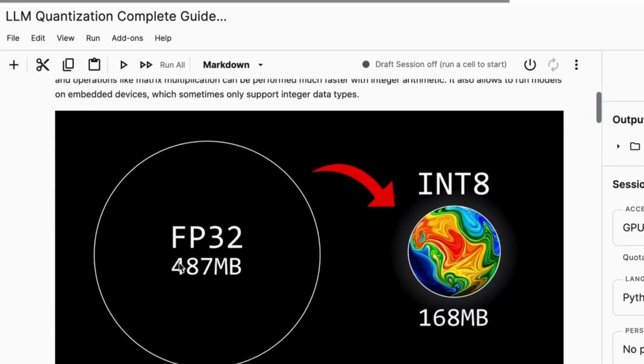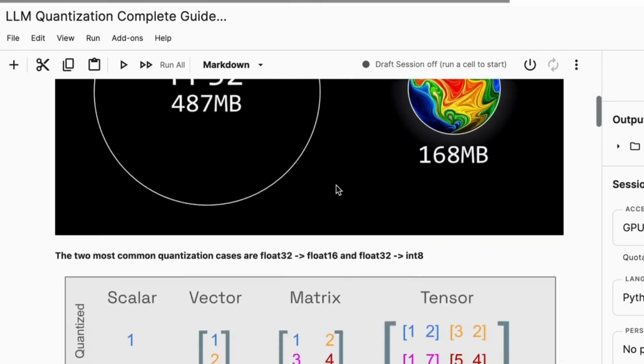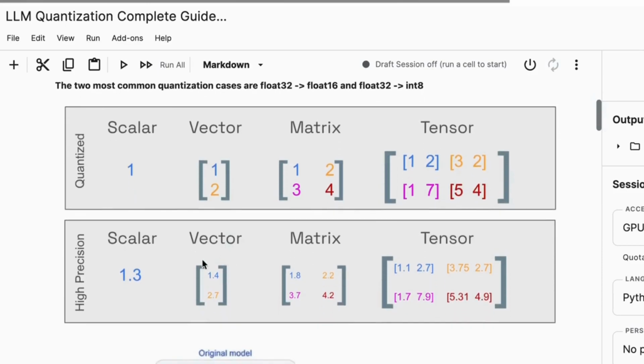If you see this, the floating point 32-bit data type can take up to 47 MB, but when we convert it into Int8, it takes only 168 MB of space. So that's what can be done by using quantization. And if you look at this, the high precision format has floating values like 1.3, 1.4, but when we quantize it into the integer format, it goes like this.